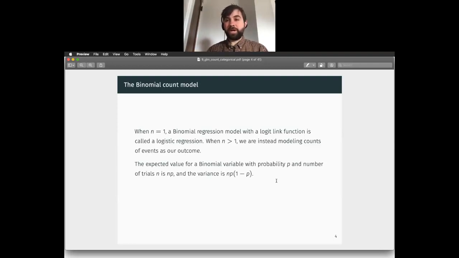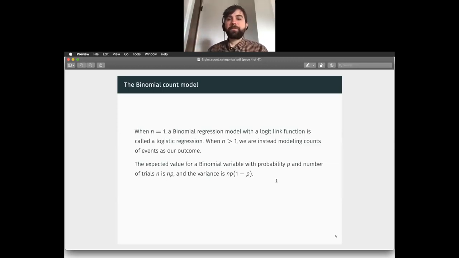That's logistic regression, where we have a binomial model with a fixed n of one trial and a probability of outcome p. But there's no reason n must be fixed at 1. We could use the binomial model to generate counts of events with probability p, conditional on our predictors and our parameters.